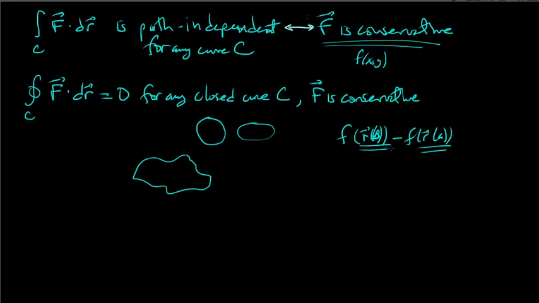It doesn't matter what path. And if it's a closed curve, wherever you start, that's also where you end. So if you start on the circle here and you go all the way around, your point A is the same as point B. If you're on the ellipse and you go all the way around, point A is equal to point B. If you want to go around clockwise, you can do that too. Doesn't matter.